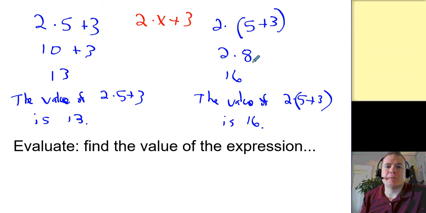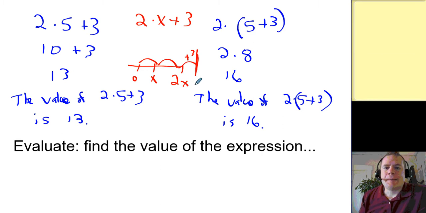I know what 2 times 8 is, that's 16. 2 x's, I can't know that until someone tells me the value of x. And if I'm at wherever x is on the number line, we'll assume that it's positive, though that's not always true. I can double that to get to 2x, add 3 to it to get to 2x plus 3 more, but I have no idea where this is on the number line unless someone tells me the value of x. I can't evaluate this. I don't have enough information.